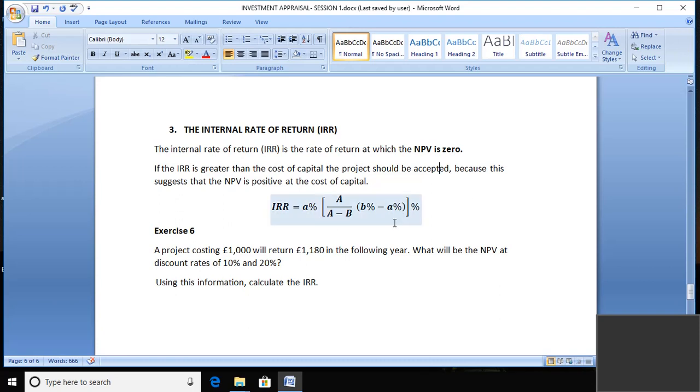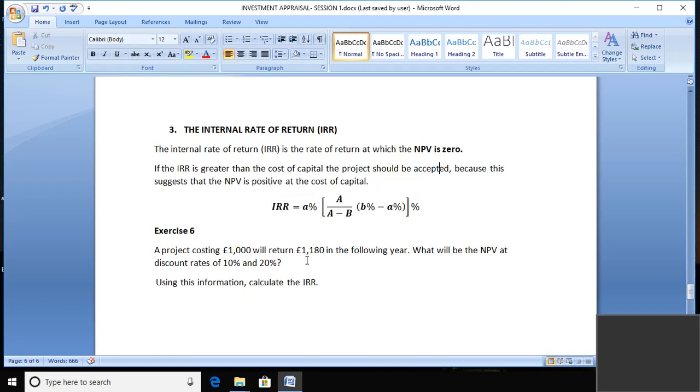So calculating the internal rate of return, you can either use the formula or use a graph. When you use a graph, you are plotting between the NPVs and the rates. So NPV will be the vertical line, the rate will be the horizontal line. Later I will be able to show you that. Once I get the graph, I can just paste it on this document.